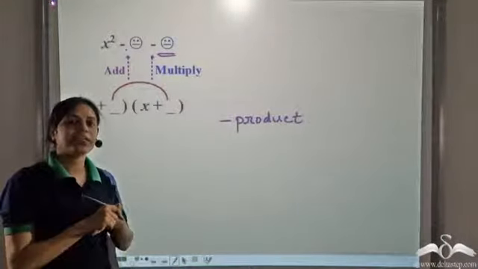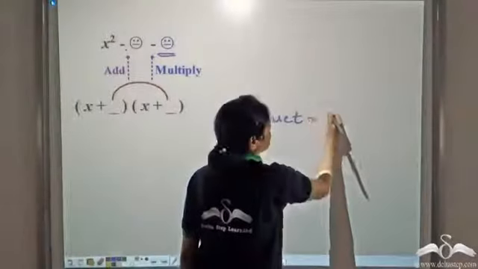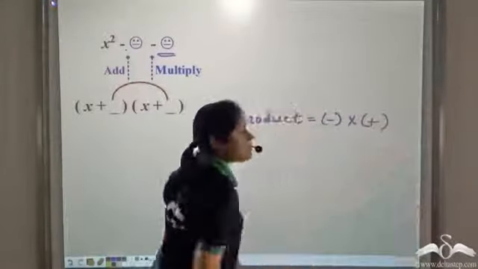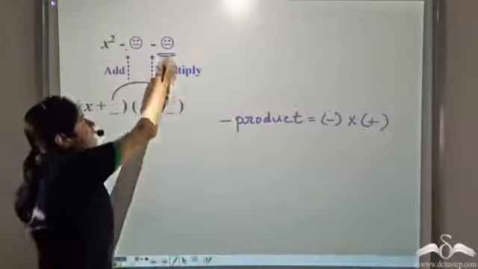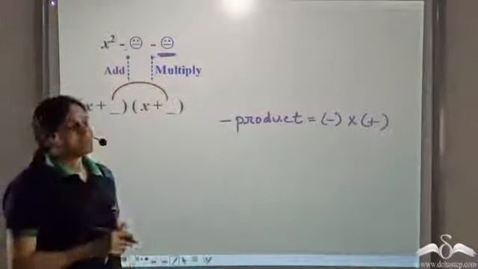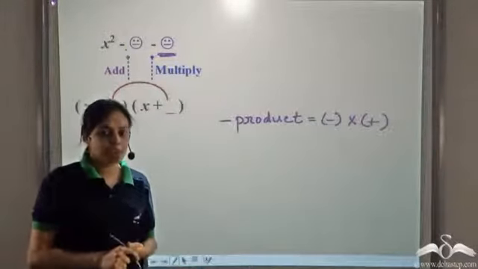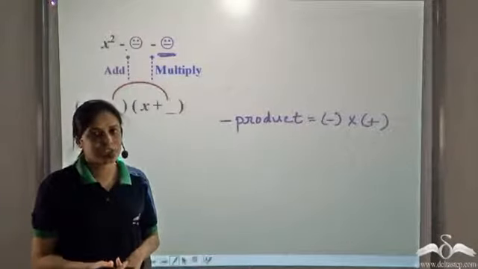You know, we get a negative product of two numbers only when one of them is negative and the other is positive. So in this case also, since the last term is negative, we need to consider two factors such that one is negative and the other is positive.